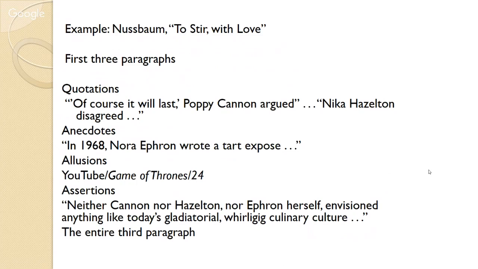Neither Cannon nor Hazelton nor Ephron herself envisioned anything like today's gladiatorial, whirligig culinary culture, which has expanded far beyond the salons of the Upper East Side. Instead of a few competing cookbooks and restaurants, we have Lucky Peach and Chowhound and Iron Chef, not to mention Sandra Lee on YouTube making a baked potato out of ice cream, rolling it in cocoa powder, and garnishing it with chives, pistachios dyed deep green.